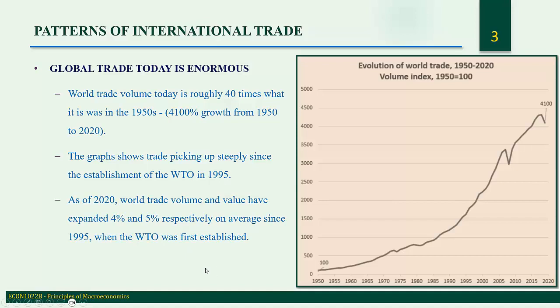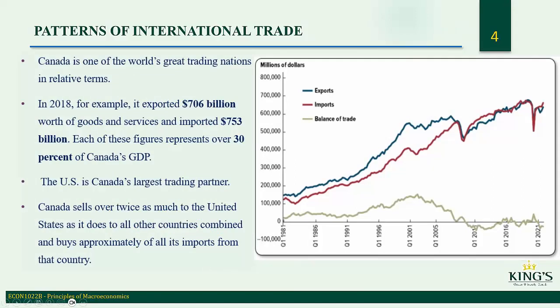So it's quite substantial. If we look at Canada, you can see in 1981 we had some trade, but if you look now, it's gone up substantially since then. For example, in 2018, we exported roughly $700 billion of goods and services and imported 753, so just a little bit above that. We can see here in the figure that this bottom line is whether we've had a trade deficit or surplus.